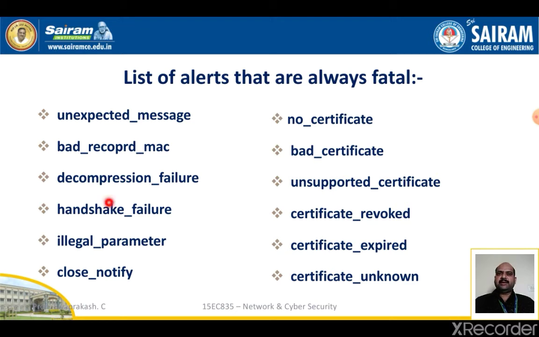Handshake failure means the sender was unable to negotiate an acceptable set of security parameters given the options available. Fifth one, illegal parameter. A field in a handshake message was out of range or inconsistent with other fields. That is specified as illegal parameter.